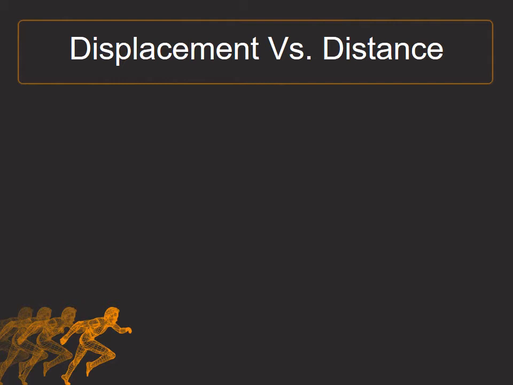Basically, displacement is a vector quantity and distance is a scalar quantity. So basically, if you are asking anong difference ng displacement and distance, you are also asking anong pinagkaiba ng vector sa scalar quantities.